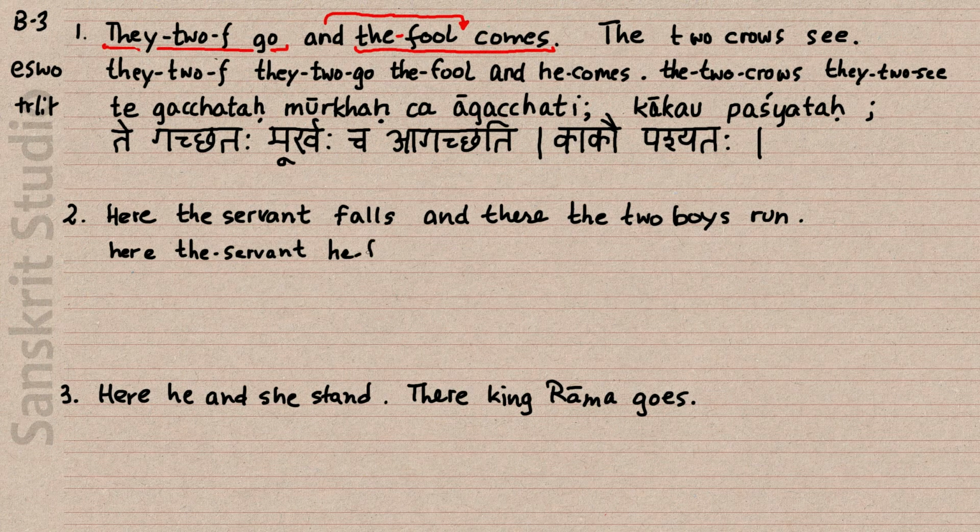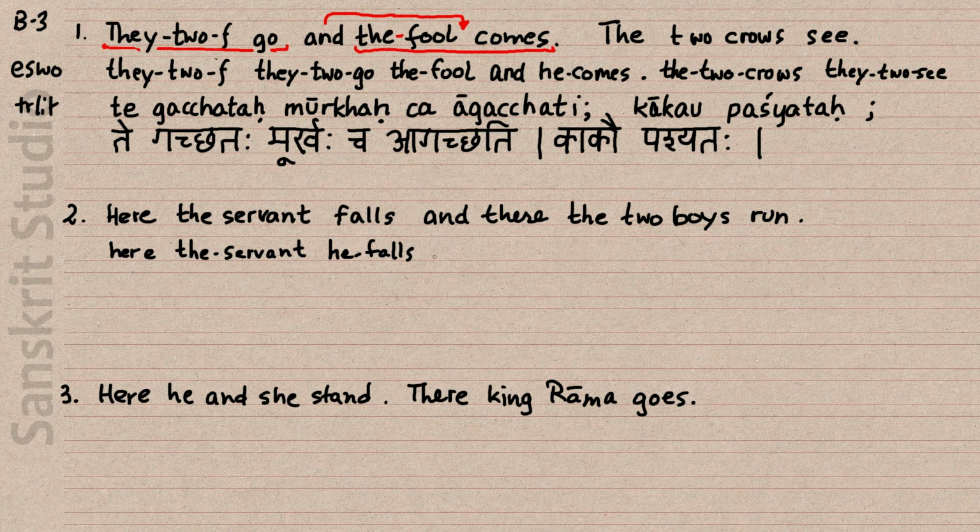He falls. And then as in exercise 1 above, we have a clause type of construction, so "and" will have to be placed after there.